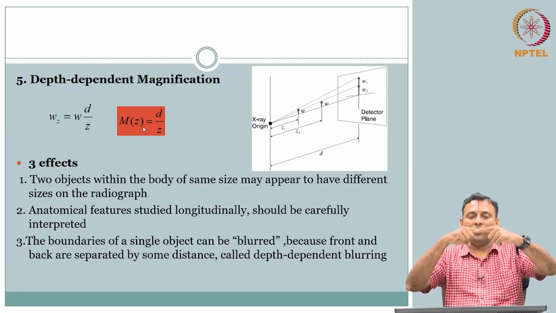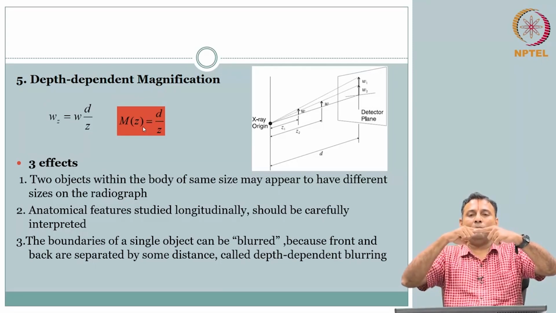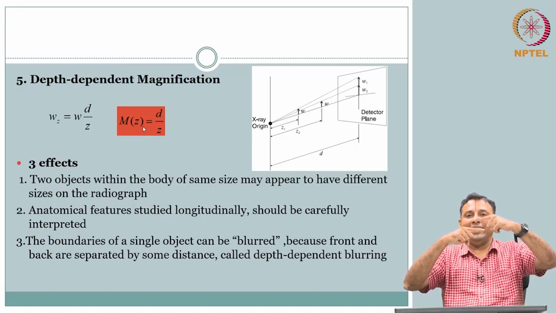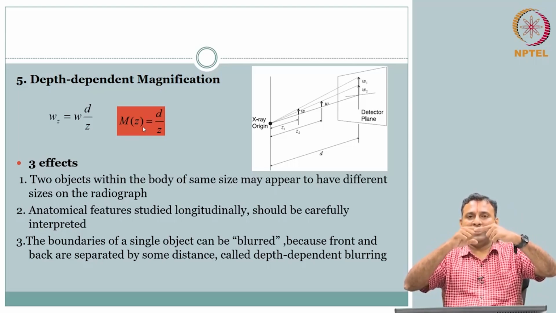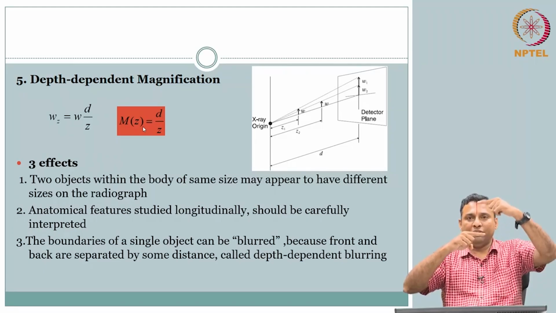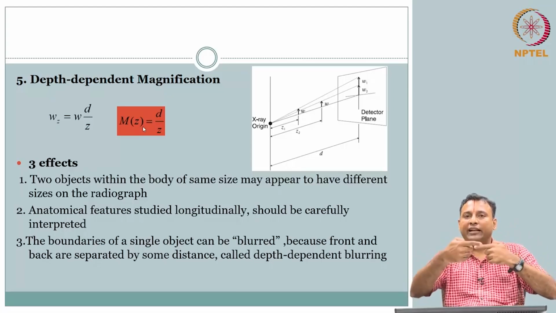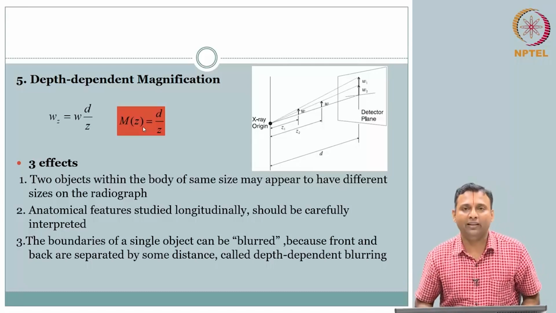What was the same, if you project it, should have been a line, but these two are one behind the other, and because of the depth dependent magnification, one is going to move up on the detector. So that means one edge is now blurred, right? You are going to see a blurred image of the edge because the front edge and the back edge of the slab are magnified differently, or projected at different heights, because they are at different depths, right? I think you should work this out yourself to interpret it.